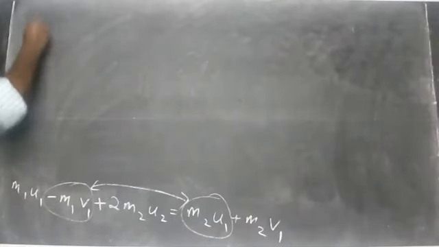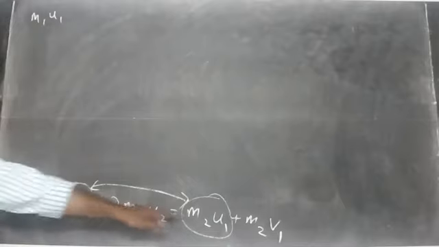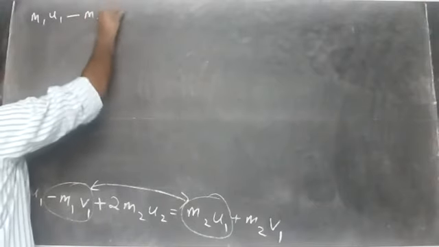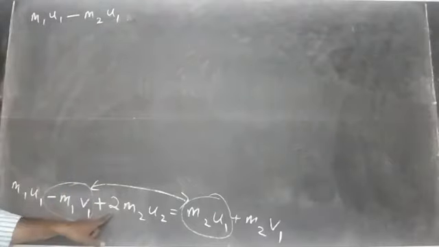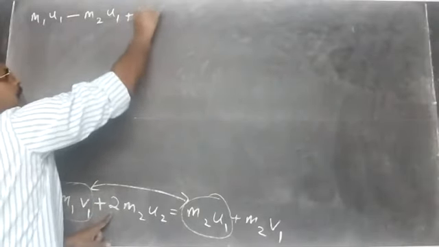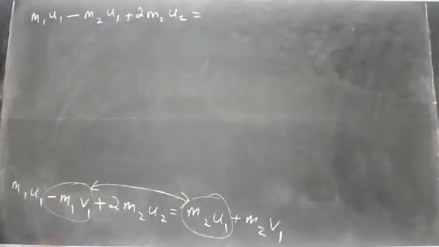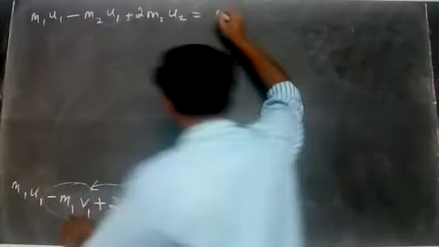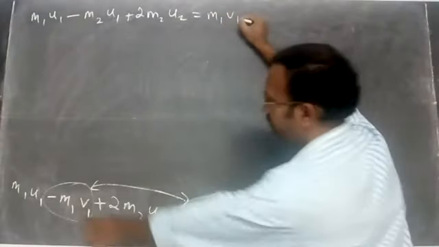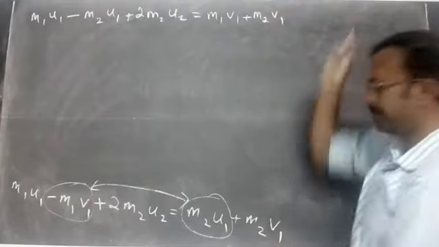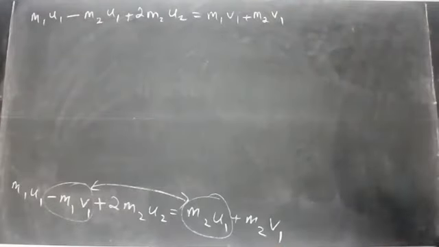So we get m1 u1, and minus m2 u1 goes to the left side because of the minus sign, so m1 u1 minus m2 u1 plus 2 m2 u2 is equal to, the v term goes to the right side, m1 v1 plus m2 v1. Now let's take the common terms.